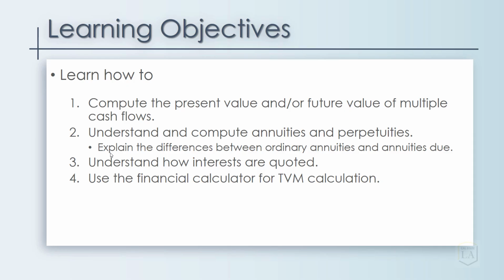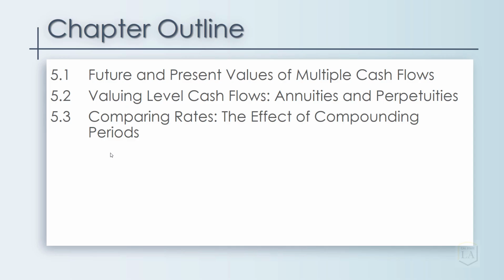And we would also learn how interests are quoted, especially the difference between what's called the annual percentage return and also effective annual returns. And of course, we would continue to learn how to use the financial calculator for time value of money calculation. So the corresponding subchapters here would be 5.1, 5.2, and 5.3.